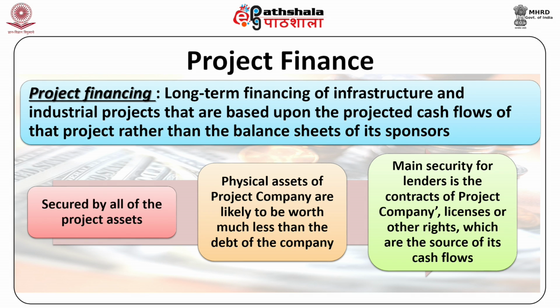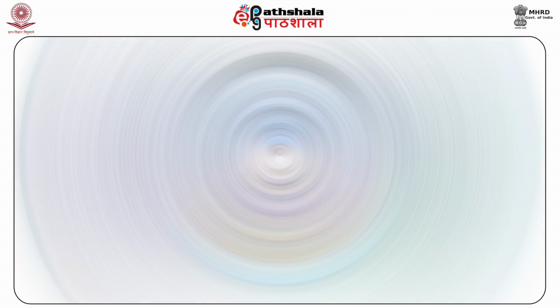So the main security for lenders is the contracts of the project company, licenses or other rights, which are the source of its cash flows. Therefore, lenders carry out a detailed analysis of the risk associated with the project and how these are allocated between the various parties.